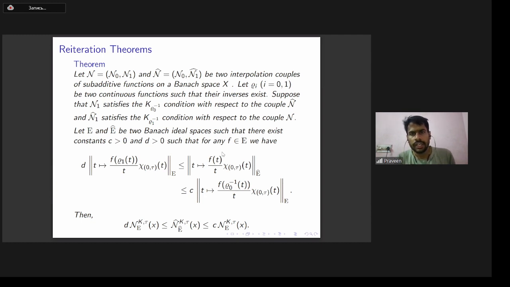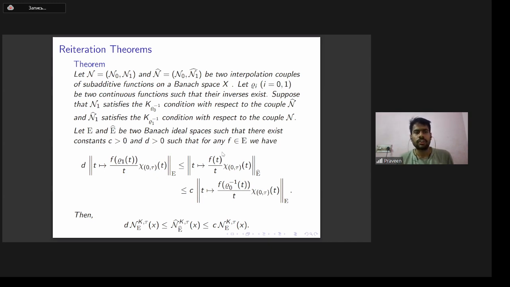But now we are taking two rhos rather than one. Some conditions are changed: the first one is rho naught and the second one is rho one. So here N1 satisfies the K rho naught inverse condition with respect to the second couple, and N1 hat satisfies the K rho one inverse condition with respect to the first couple.